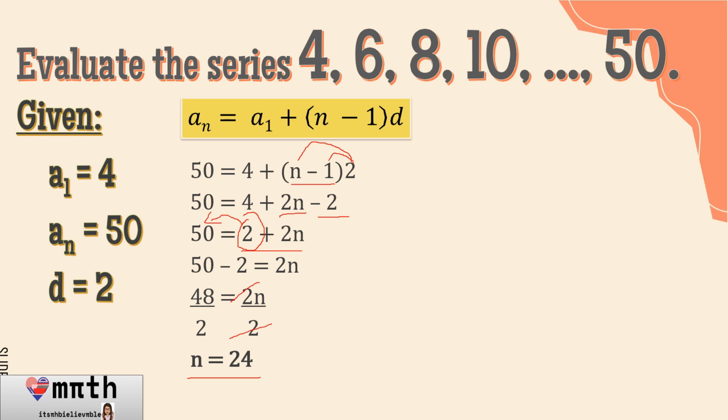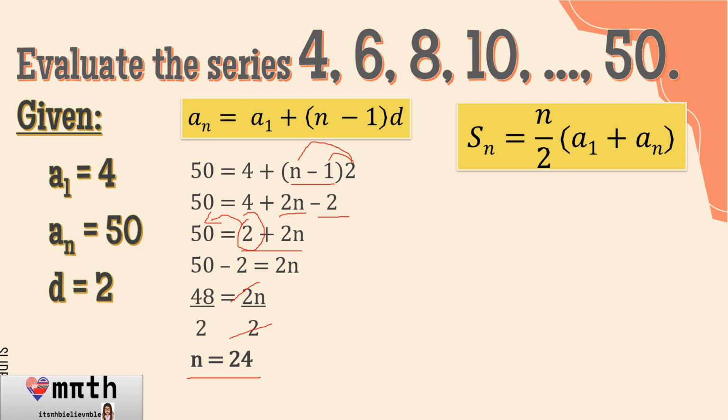Since we already know the first term and the last term, we can use the finite arithmetic series formula. So, that is S sub n is equal to n over 2 times a sub 1 plus a sub n. A while ago, we could not directly proceed to this formula since we did not have the value of n. So, we got first the value of n using the formula of the arithmetic sequence.